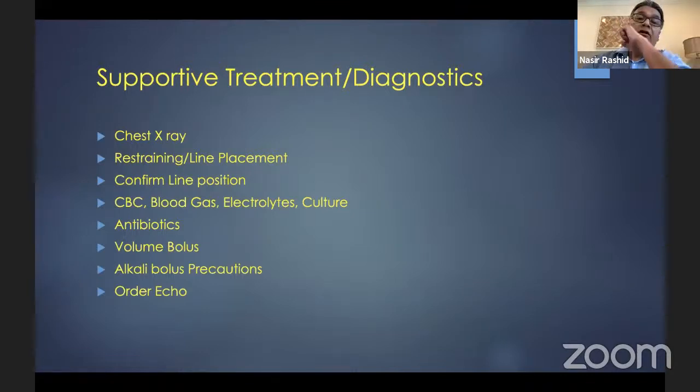And then obviously order an echo. I know that in several NICUs in Pakistan and India, the bedside echo is available and a lot of fellows are doing it. So if you have an echo available, go ahead and do the echo right away. Some neonatologists are good enough to actually find the position of the umbilical venous catheter or umbilical arterial catheter on the echo. So if you can do that, go ahead and confirm the position and the placement.